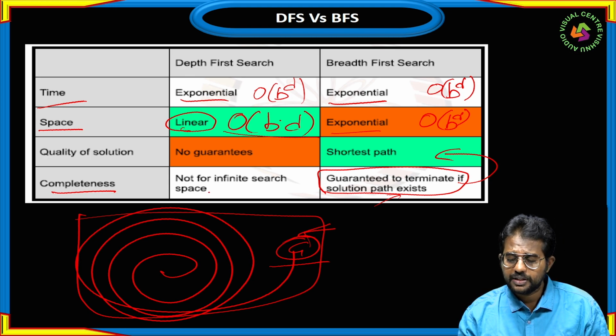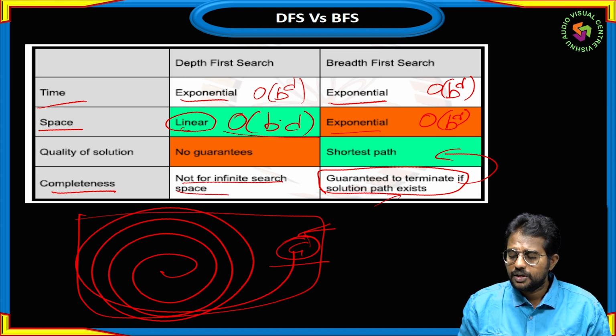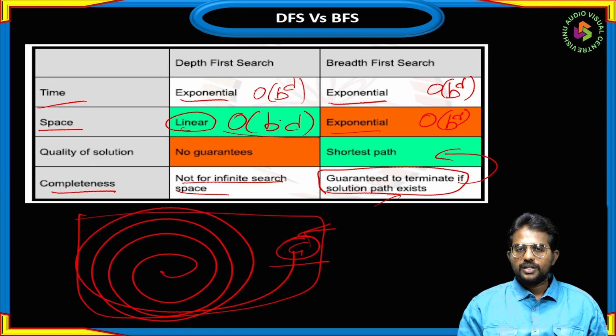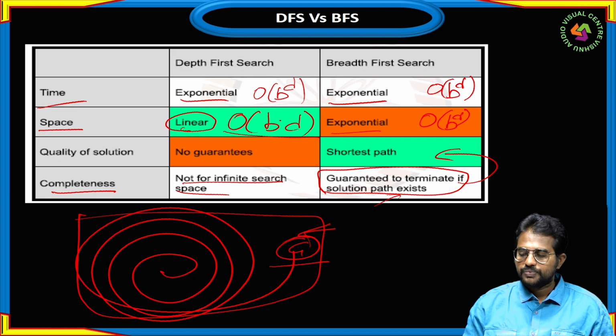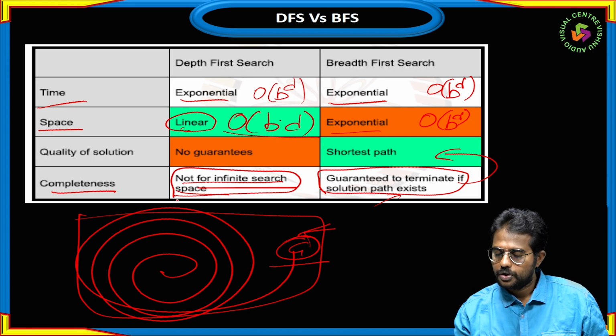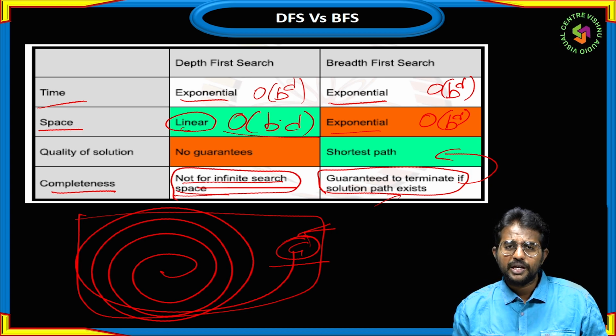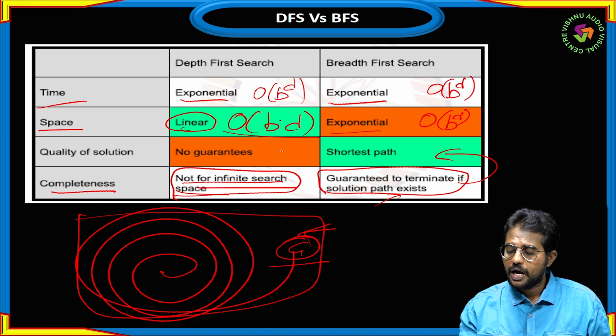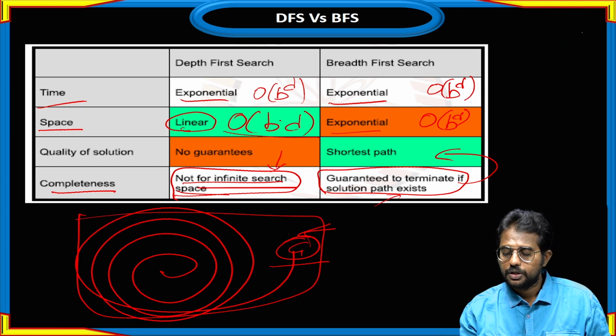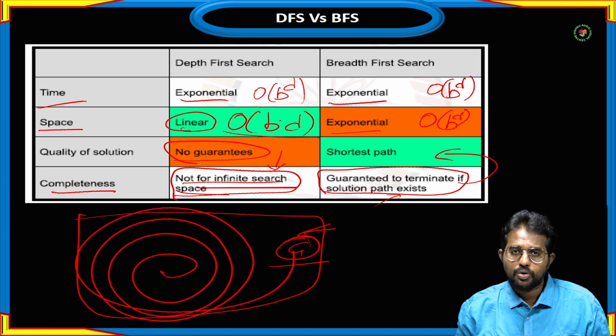Coming to DFS, for an infinite search space it is not complete, because it may deviate from the particular path. So DFS is not complete, and as the goal node may not be reached, there is no guarantee of the quality of the solution, because a path may or may not exist.